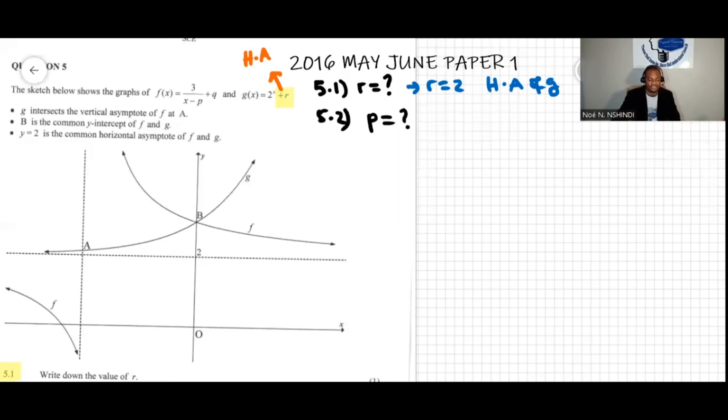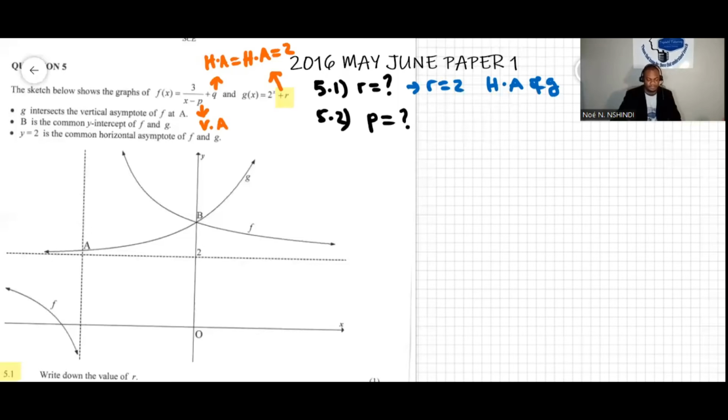So here we know that this is a vertical asymptote, and q is the horizontal asymptote. We must know that the horizontal asymptote is equal to 2, because it is given in the question as the common horizontal asymptote of f and g.